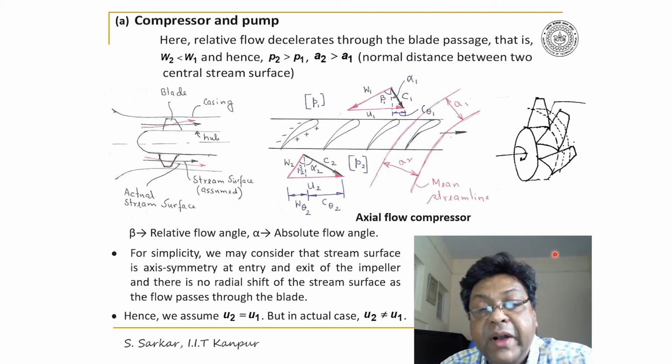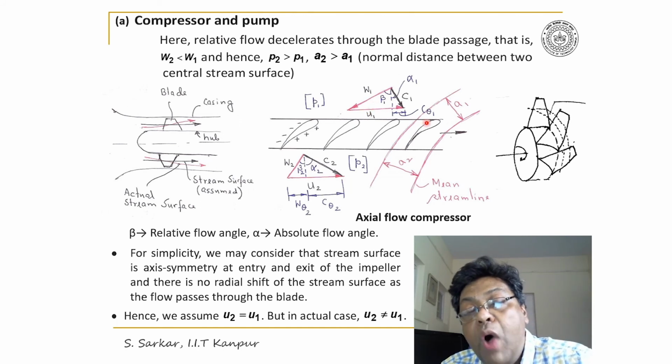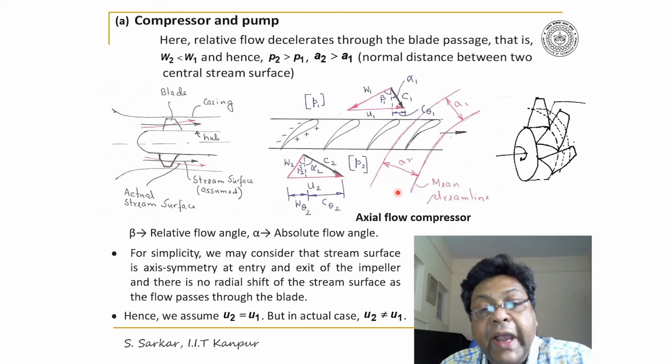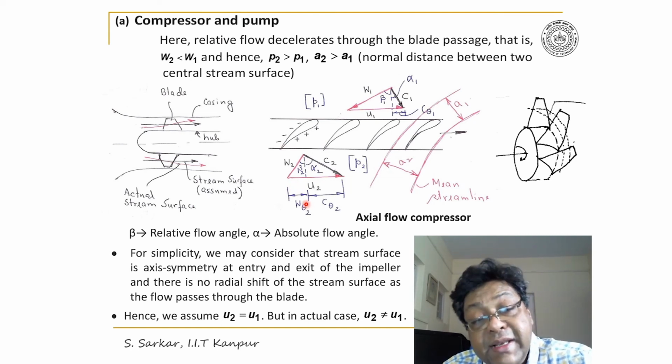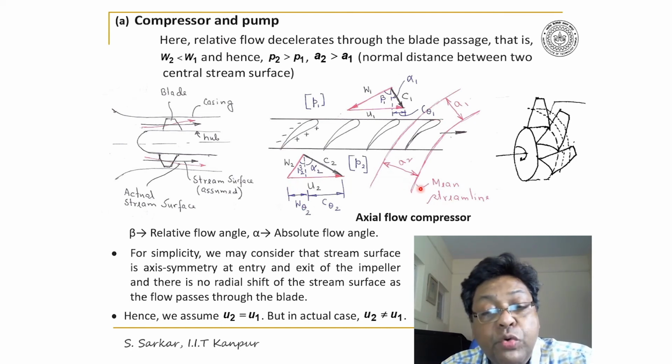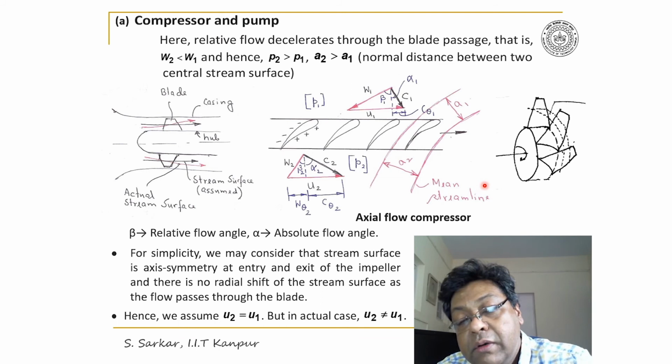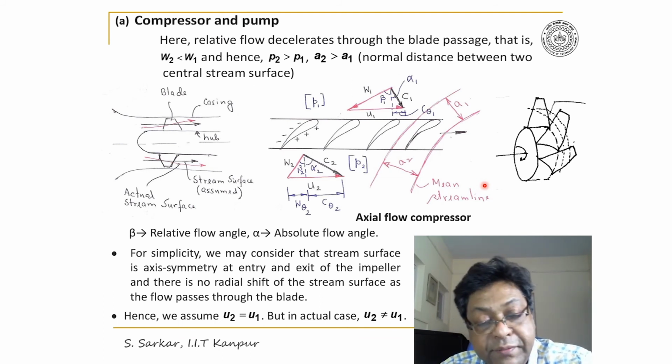Now I may consider that W1 A1 must be equal to W2 A2. Since W2 is less than W1, A2 must be greater than A1, and therefore the relative streamlines or relative stream surface will diverge as they pass through the impeller.